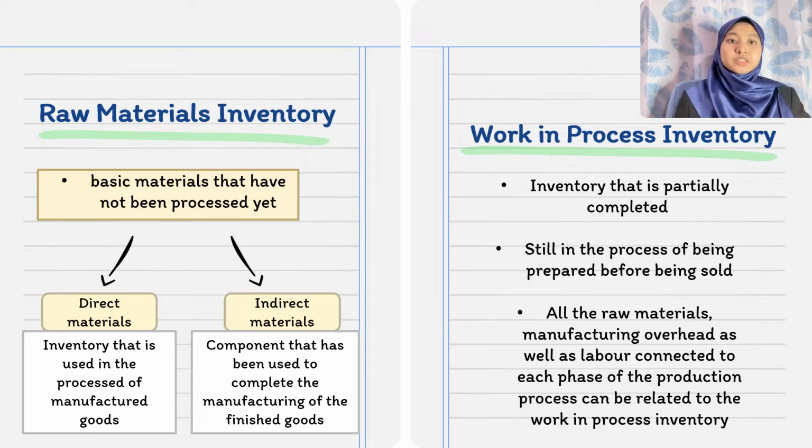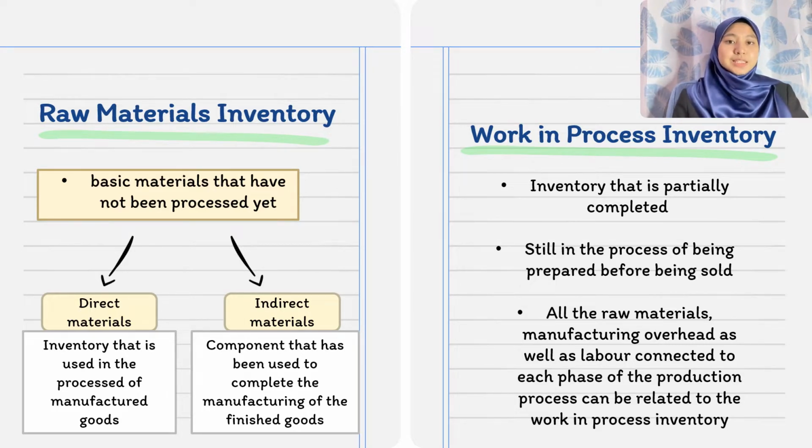Direct materials refers to the inventory that is used in the process of manufacturing goods. For example, if you are producing paper, the trees will be the direct materials. Otherwise, indirect materials refers to the components that are used to complete the manufacturing of finished goods. For example, if a company is producing shoes, the leather and glue could be the indirect materials.